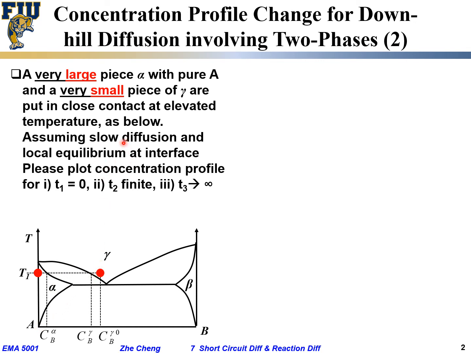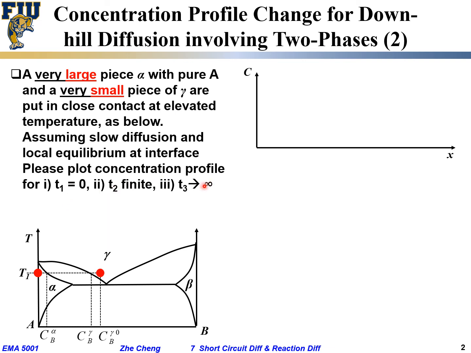Similar assumption of what? Slow diffusion. Okay. But local equilibrium. Or put another way, faster interfacial reaction, faster transformation going from alpha to gamma or gamma to alpha. Okay. Still, we want you to plot what? Concentration profile for different time.